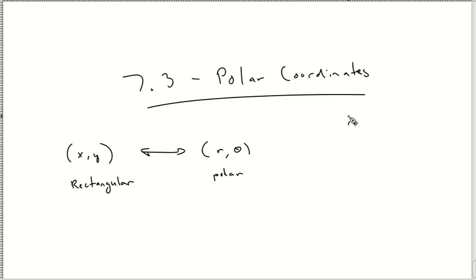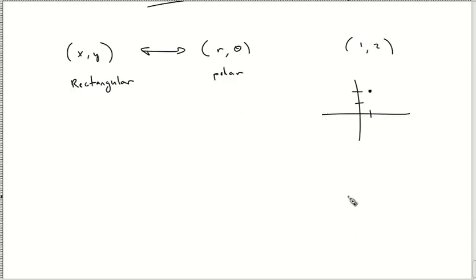So for example, let's say that they gave you 1 comma 2 and they said graph that. Well, you're like, oh, that's so easy, and you're just going to go bam, we're done with that. Boom. That was rectangular, true. But what if they said, hey, graph 1 comma 2 in polar form? You're like, what the heck do I do here?